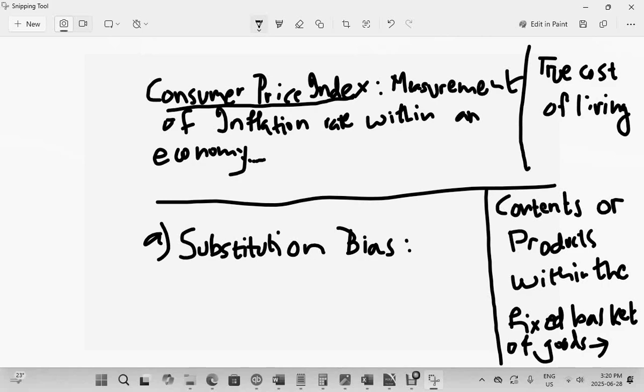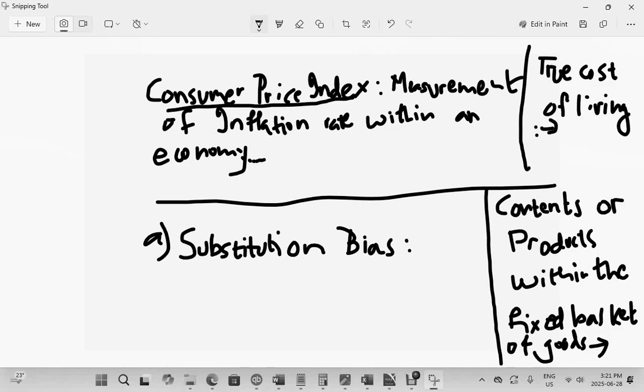So how much do they spend every year, for example, that gives them the most satisfaction? That is the definition of true cost of living.